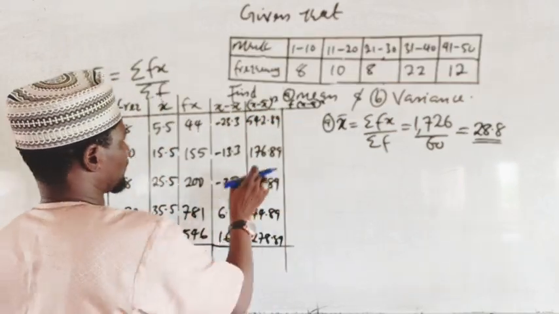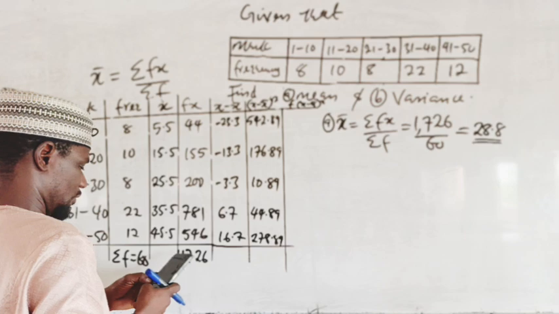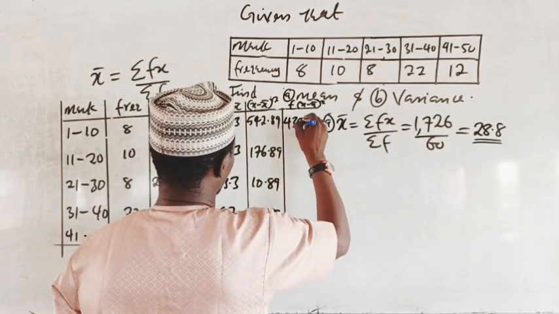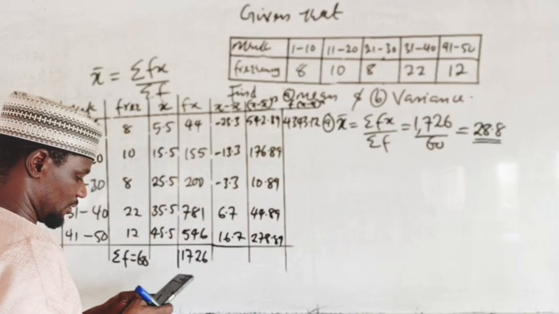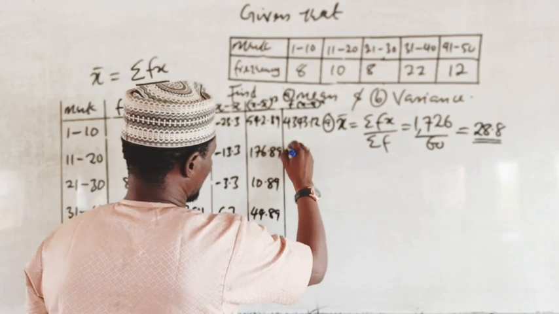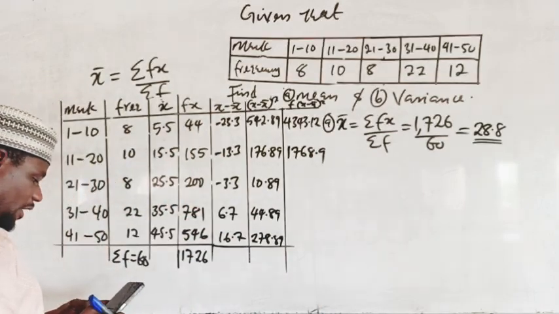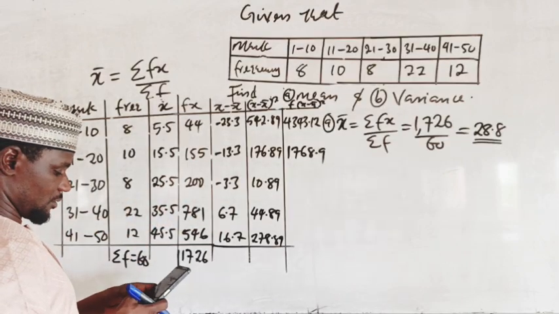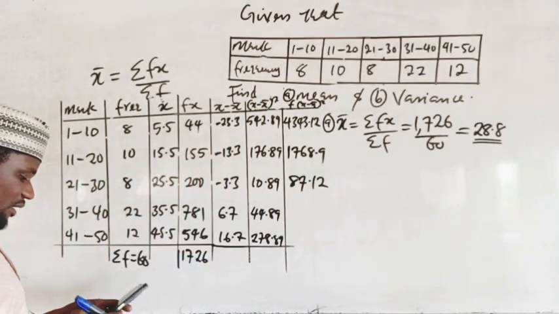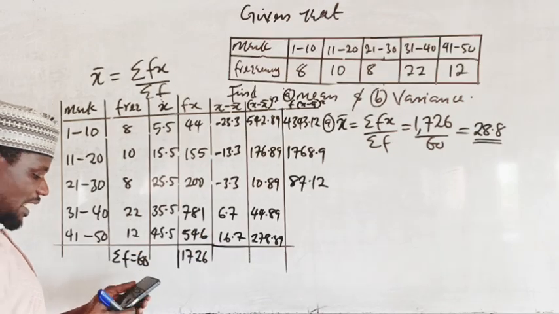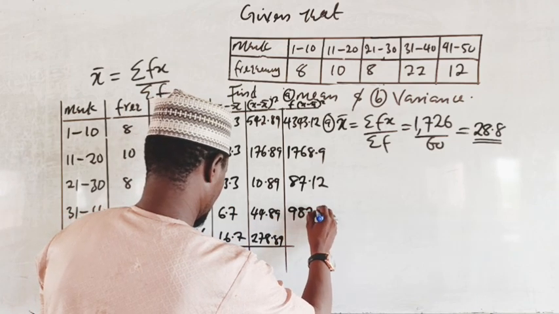The next step is to multiply each figure by its frequency. 542.89 times 8 is 4,343.12. 176.89 times 10 is 1,768.9. 10.89 times 8 is 87.12. 44.89 times 22 is 987.58.